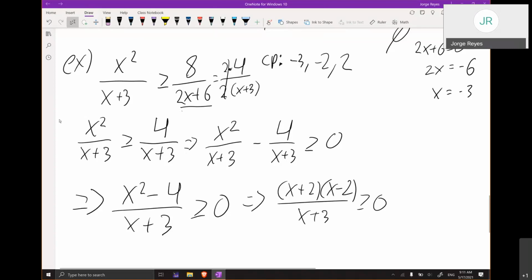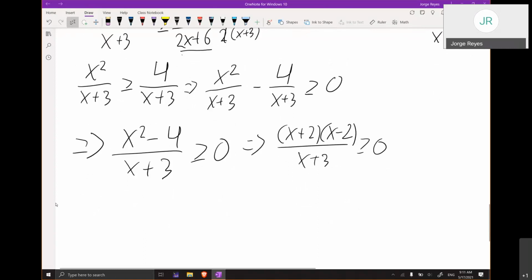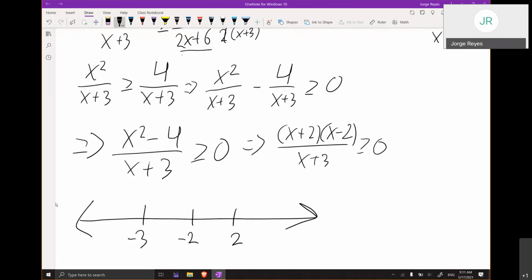So now that we have our critical points, let's do the sign test. Okay, so we have negative 3, negative 2, and 2. Obviously this is not drawn to scale, but that's okay.